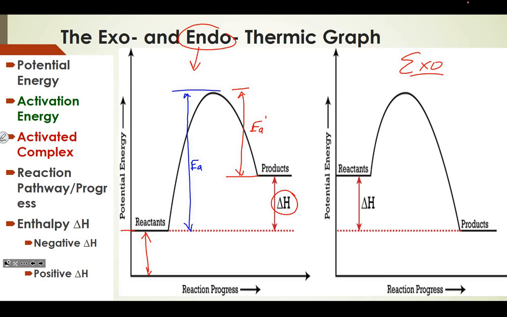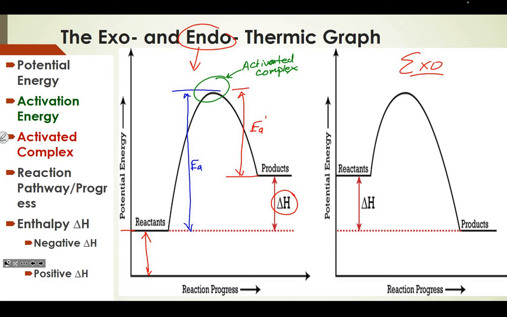And then this section right here at the very top, that's known as the activated complex. That's the transition point. Okay? It's like pushing a ball up the hill, and before I can get it to go down the other side, it's that point at which it's not going forward or backward.